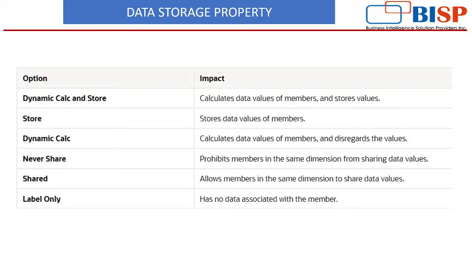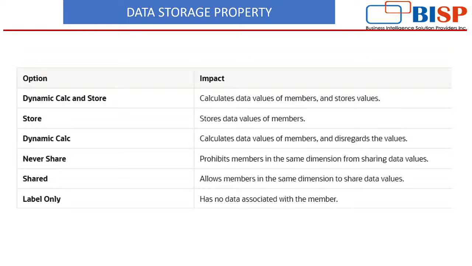Then the store option holds data values that can be directly entered or loaded. Generally the base level members have data storage so that the data is input or loaded directly.